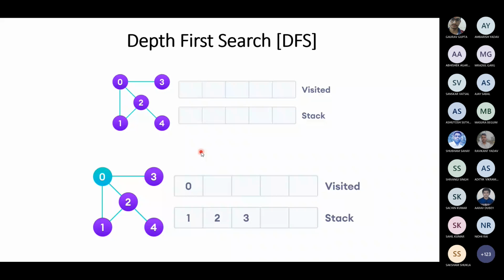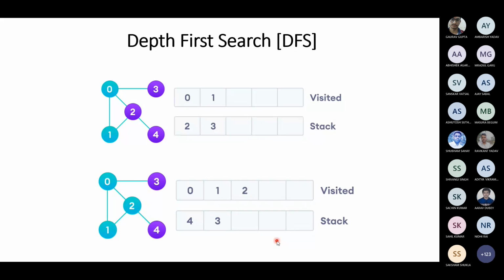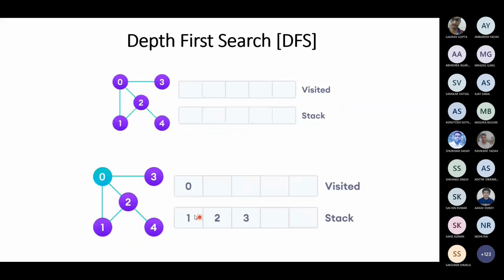Yes, sir. Now the next element you will visit is based on the stack. You pop the top of the stack and visit that element. Which is the top? Let us assume that 1 is the top.